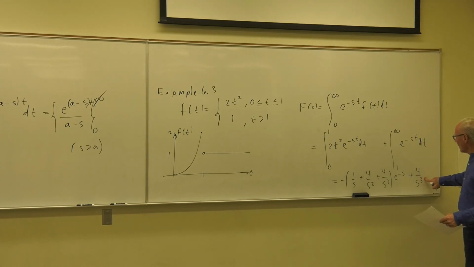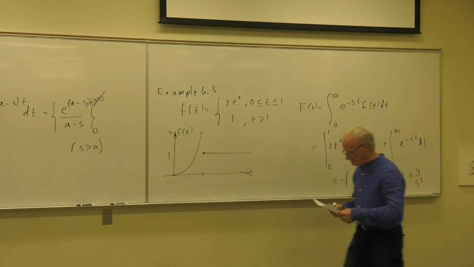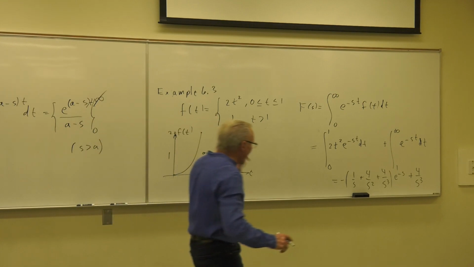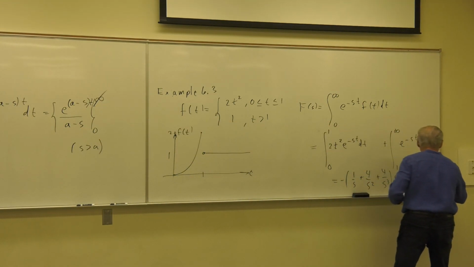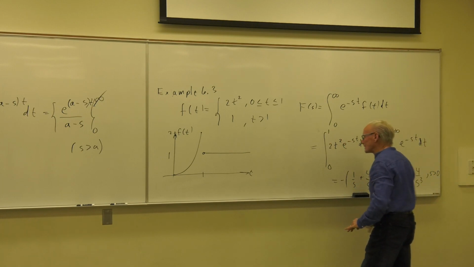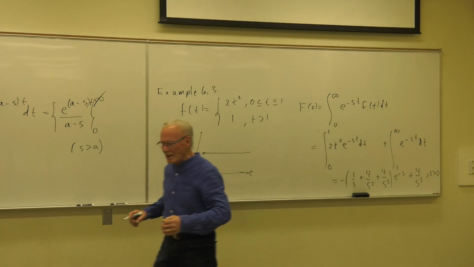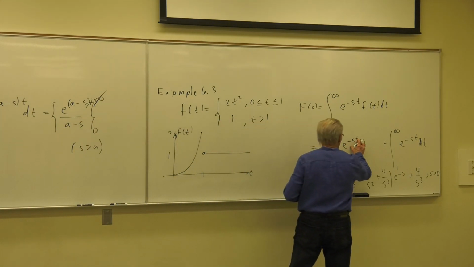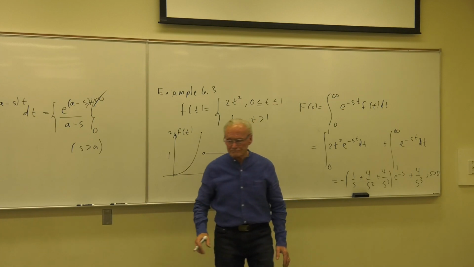But only for s bigger than 0. You find out when you're doing that integration by parts that s has to be positive in order to make this exponential not blow up.